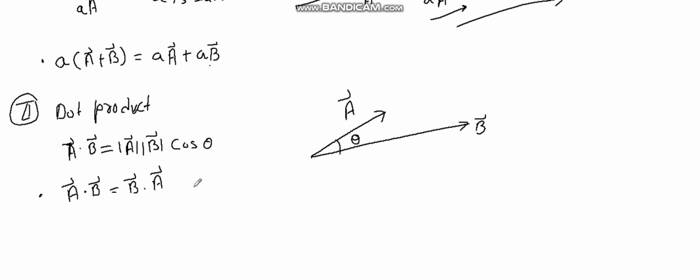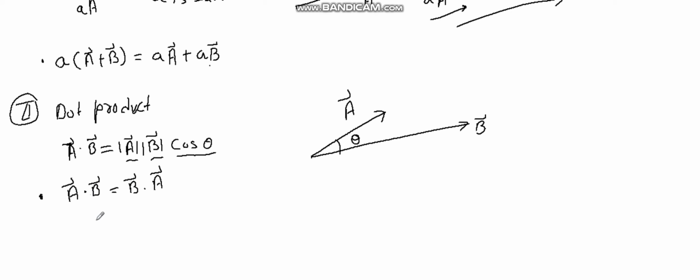The magnitude of A, the magnitude of B, and cos theta are scalar quantities, so we can exchange them one after the other, and the result will always be the same. In this way, the commutative law can be justified.